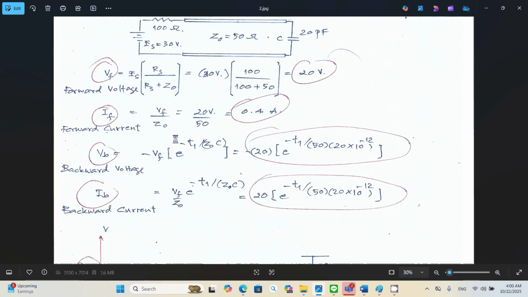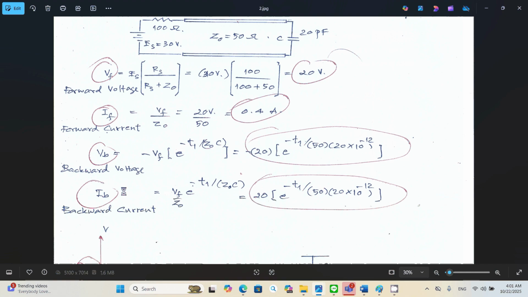Now for your VB, since you have a capacitor connected to the load, your VB equals negative VF exponential negative T1 over Z0 C, where C is the capacitance. Okay, you just plug in the numbers. And also the backward current, by applying Ohm's law, V equals IR, so I equals V over Z0.